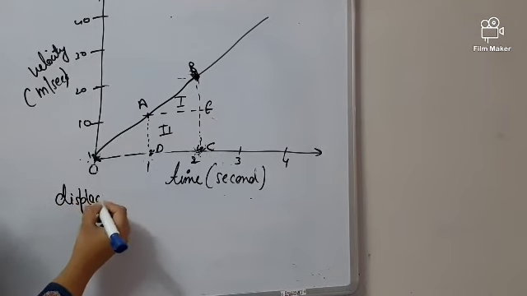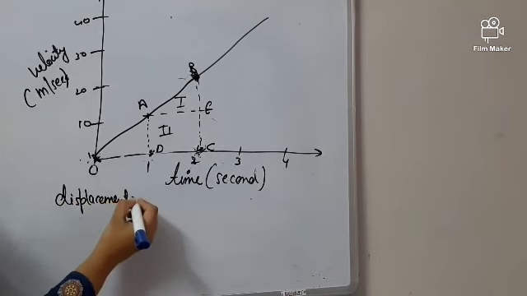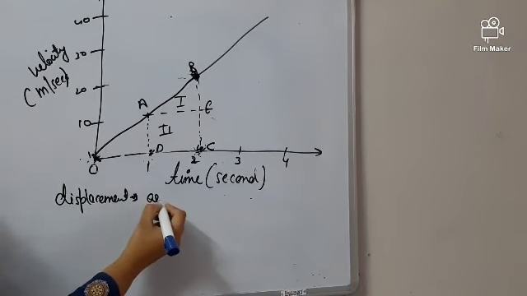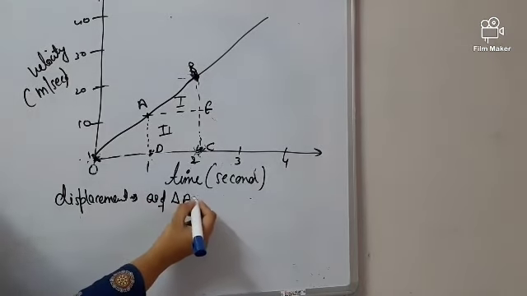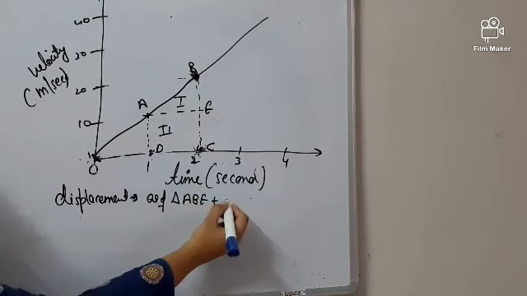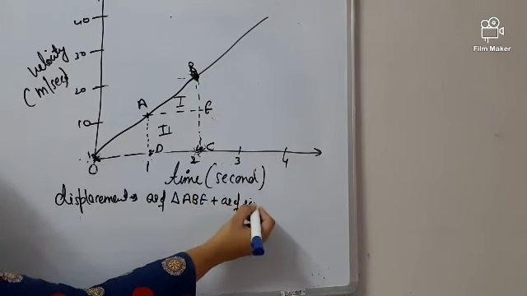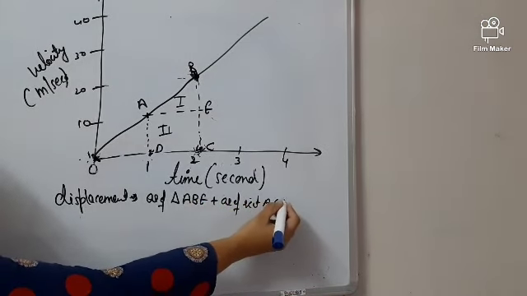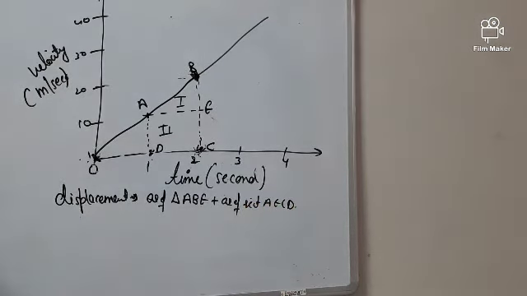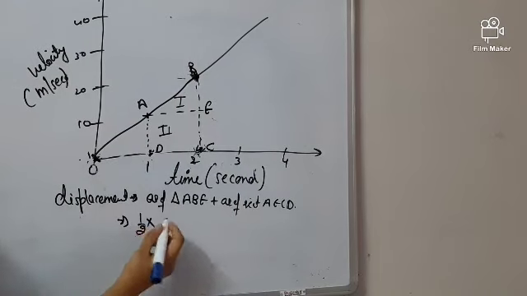displacement is equal to area of triangle ABE plus area of rectangle AECD. Okay. So area of triangle is half into base.